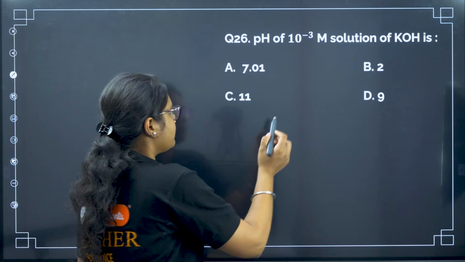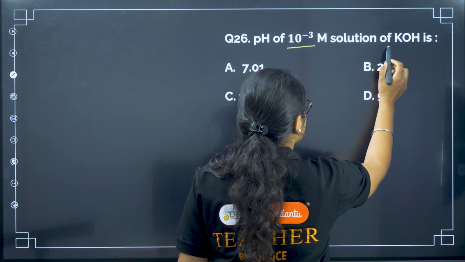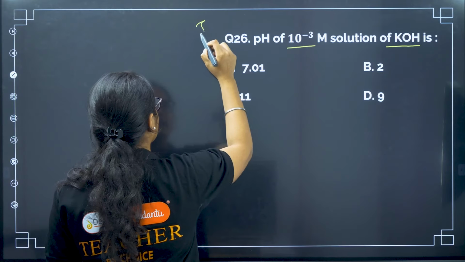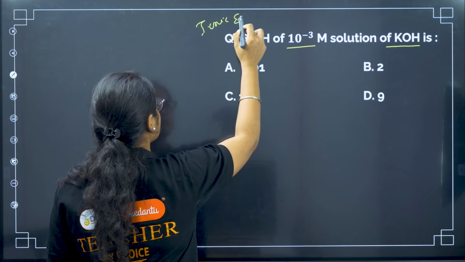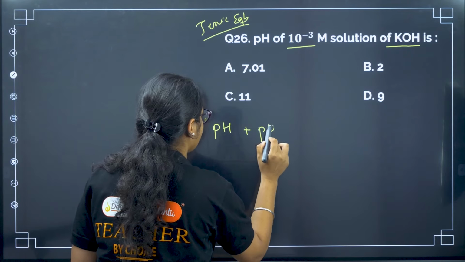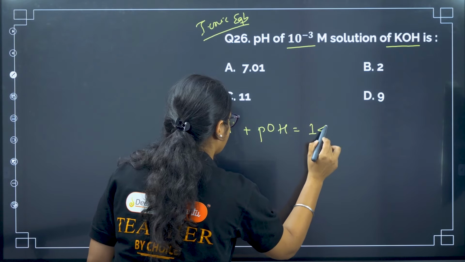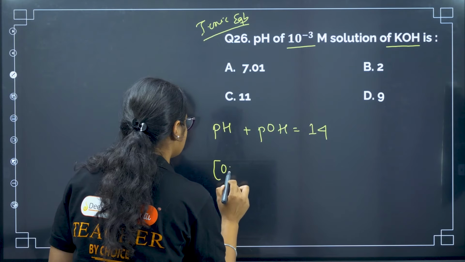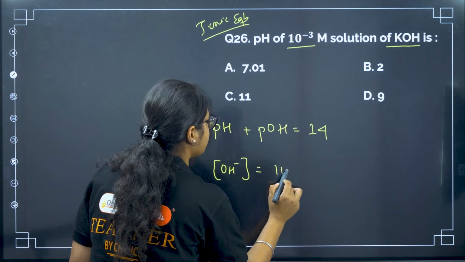Next, the pH of 10 to the power of minus 3 solution of KOH is. So this is very simple question from your ionic equilibrium. So if you remember, the relation pH plus pOH is equal to 14, right? Now the KOH concentration, so OH minus concentration is 10 to the power of minus 3.